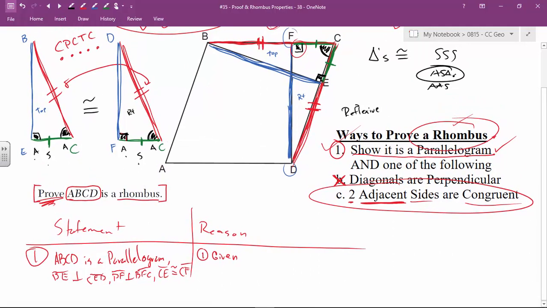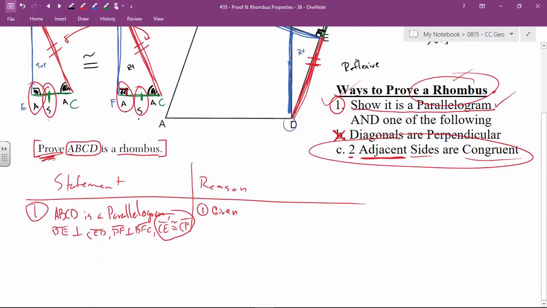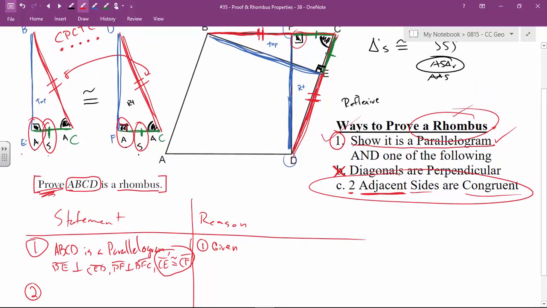The next thing we did, so when we say all those given things, that gives us this side, right? There is the congruent side piece. Now we need to get one of our angles. And I'm going to focus on these right angles. So the second thing I'm going to say is that angle BEC has to be congruent to angle DFC. Well, how did I know that?